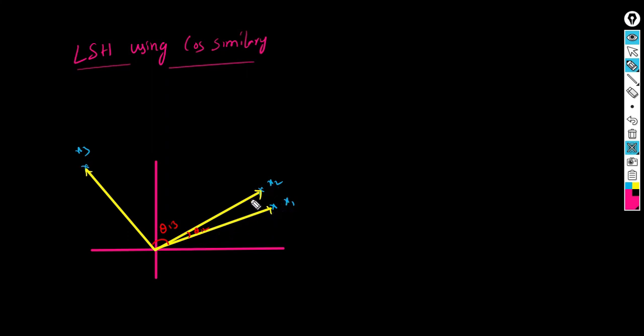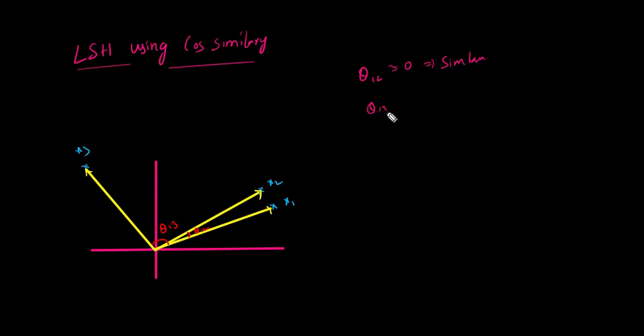Theta 1 2 is the angle between x1 and x2, and theta 1 3 is the angle between x1 and x3. Here theta 1 2 is very close to 0. That means we can consider these points as a similar bucket. Theta 1 3 is not equal to 0; those points are very far apart.